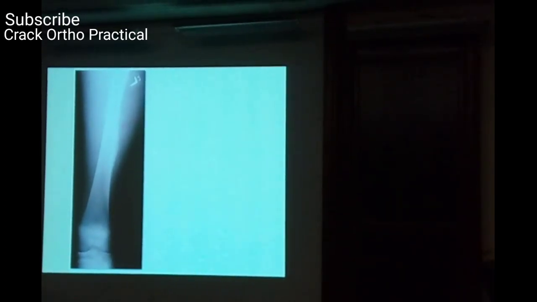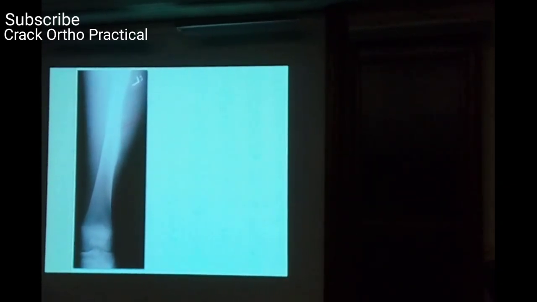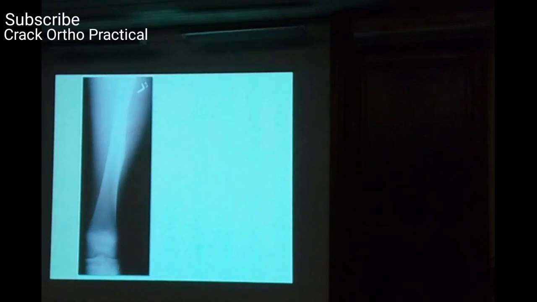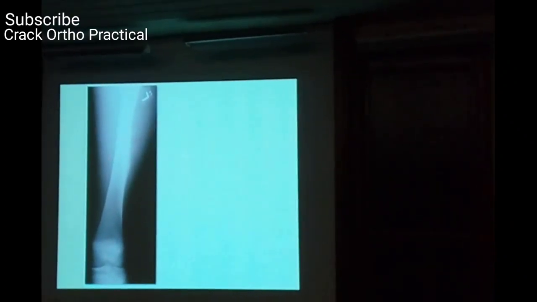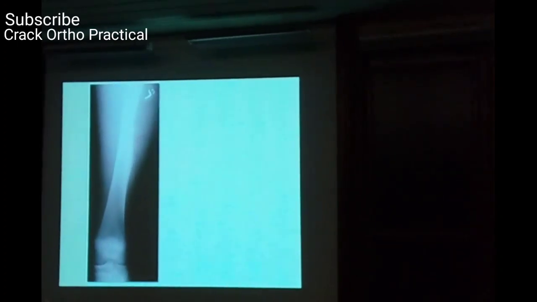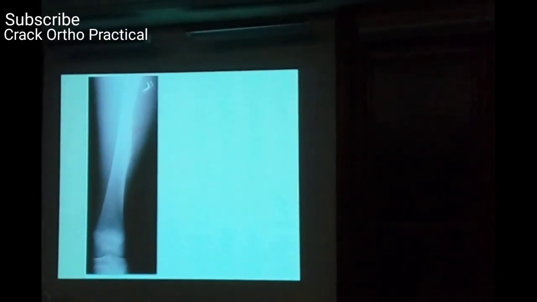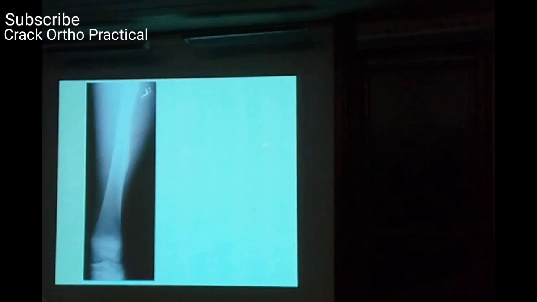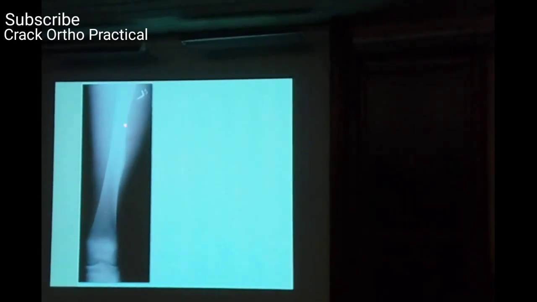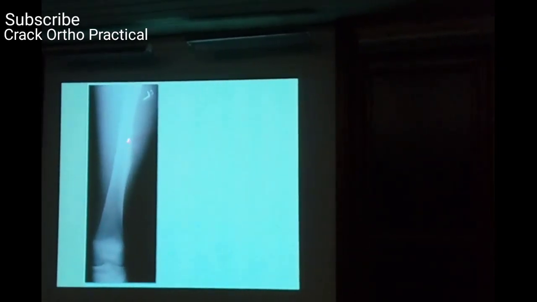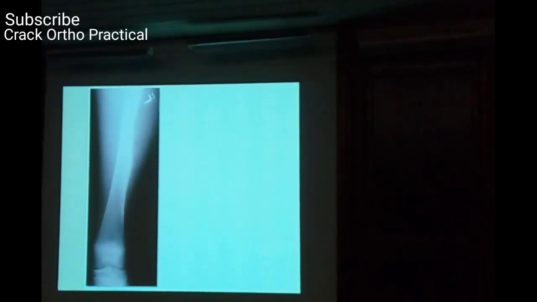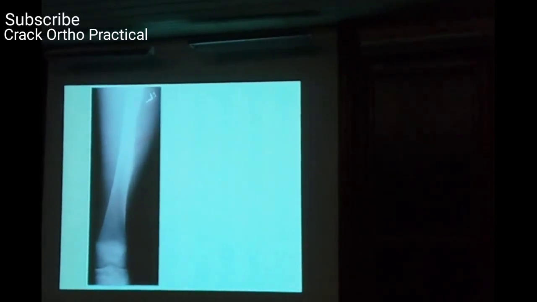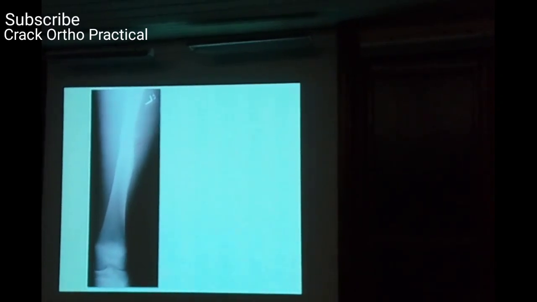Which type of periosteal reaction? Laminated type of periosteal reaction. I'd like to get another X-ray, lateral view. You can give differentials. Diaphyseal tumor, most probably Ewing's. The second closest differential will be osteomyelitis.